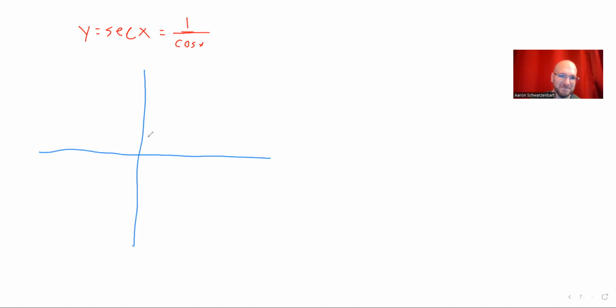Let's do secant. Secant is the reciprocal of cosine. And what I always do when I'm making these graphs is I will dash in my cosine graph.